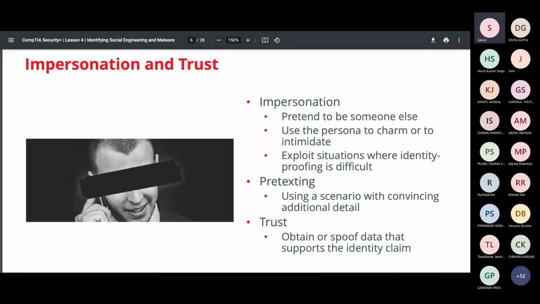Now, for example, where the attacker impersonates a member of the organization's IT support team. है ना, अगर एक अटैकर ने किसी IT support team बन के बात की है, then the attack will be more effective with identity details of the person being impersonated and the target as well. So there are some social engineering techniques which are dedicated to obtaining this type of intelligence as a reconnaissance activity.